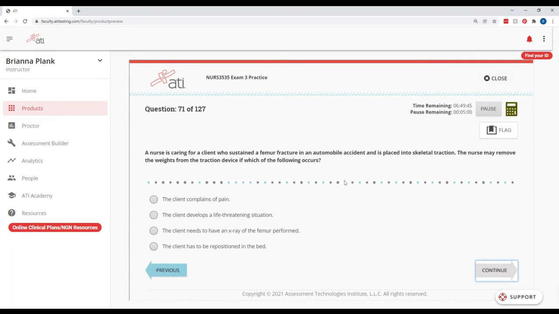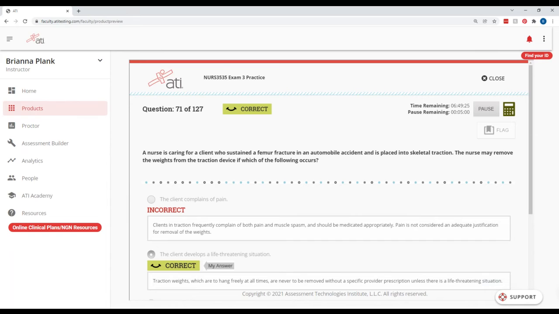Femur fracture. Now we're in skeletal traction. Okay, I feel like we did this one together too. When can we take the weights off the traction device? Okay, and it's B. So we don't want to take it off unless it's an emergency because, again, hopefully you remember this, with our fracture, we want to keep it in place and immobilized.